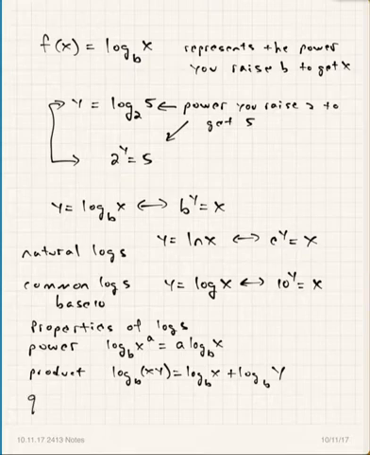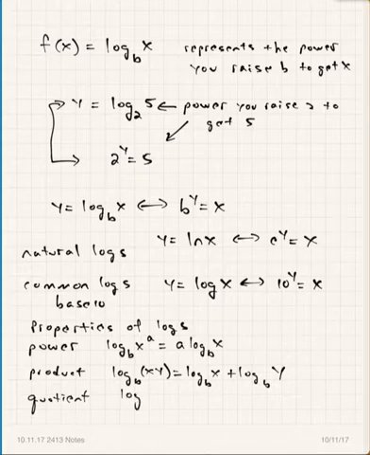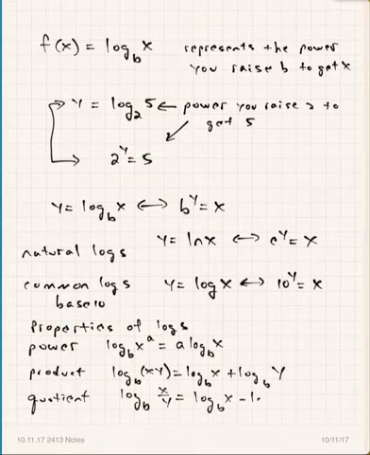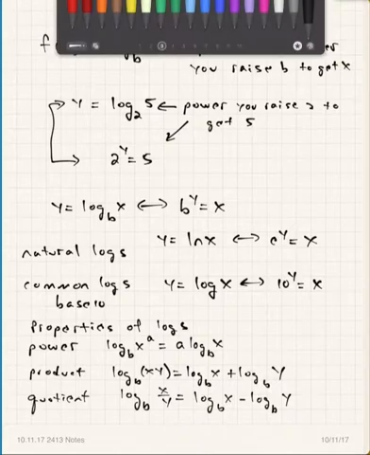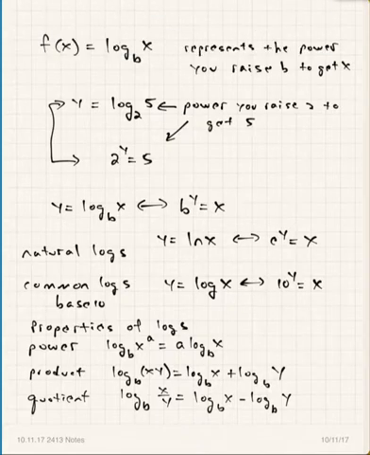And then finally, the quotient rule for logarithms. Logarithm base b of x over y is equal to logarithm base b of x minus log base b of y. And remember, those last two rules especially have their basis in exponent rules, because when you multiply exponential expressions together, what do you do with the exponents?